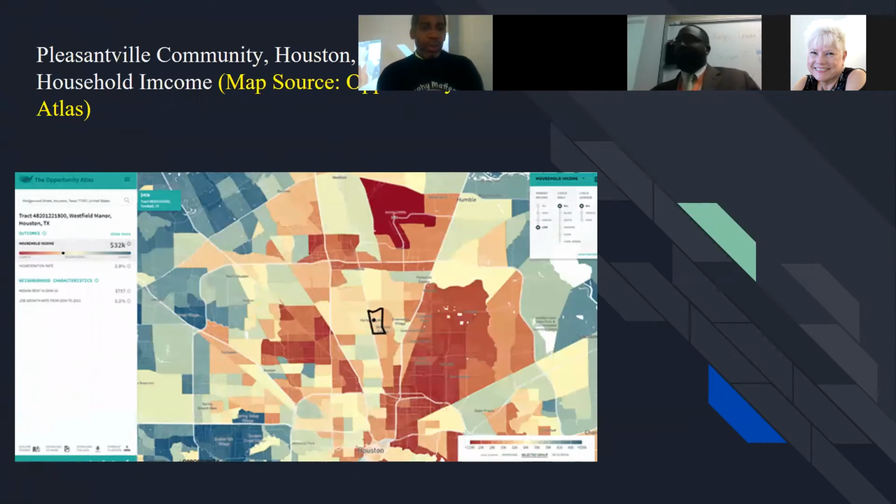Aaliyah used another interesting resource called the Opportunity Atlas. The Opportunity Atlas also provides a snapshot of various socioeconomic and demographic data. In this case, she's looking at household income in the Pleasantville community.